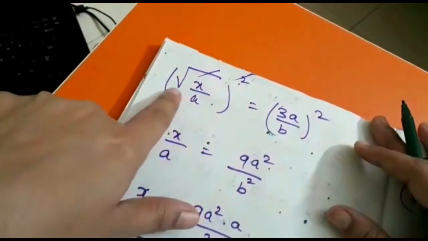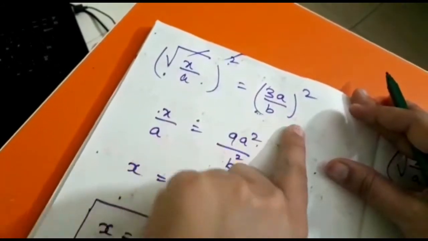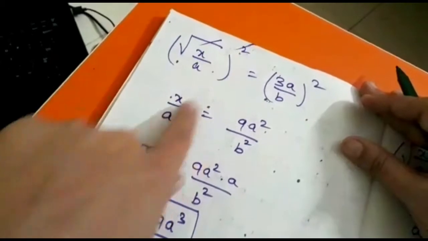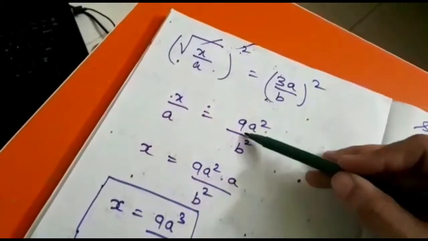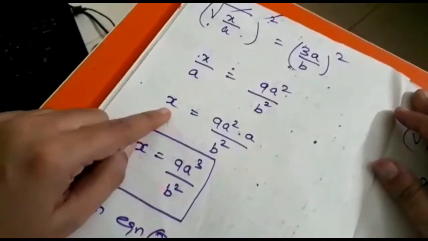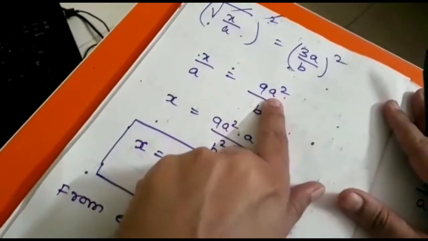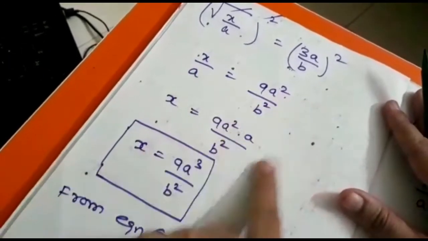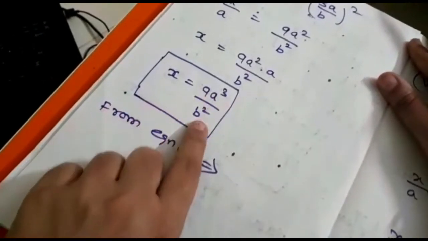Square root of x by a whole square is equal to 3a by b whole square. The square and square root will be cancelled. I will get x by a is equal to 3 3s are 9a square by b square. So x answer alone I want. So this a I am going to take to that side. Already I have a square in the numerator. So a square into a is a cube. So x answer is 9a cube by b square.